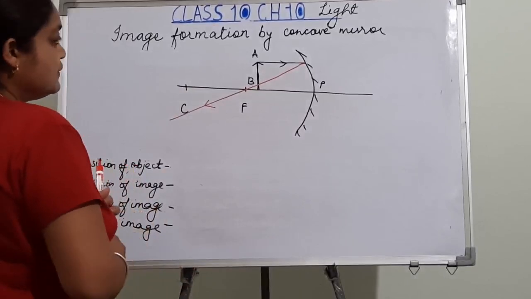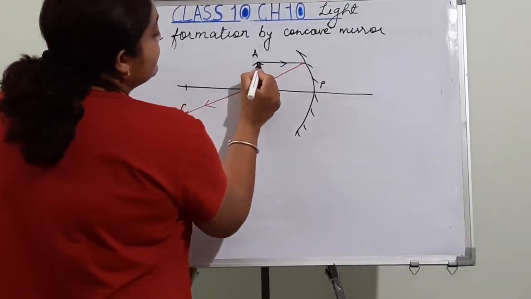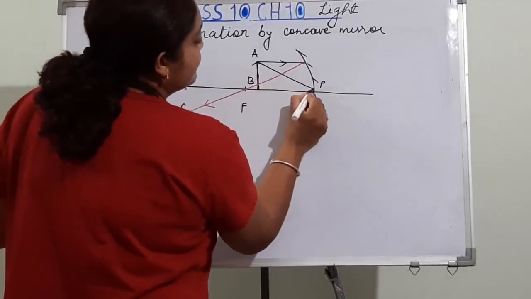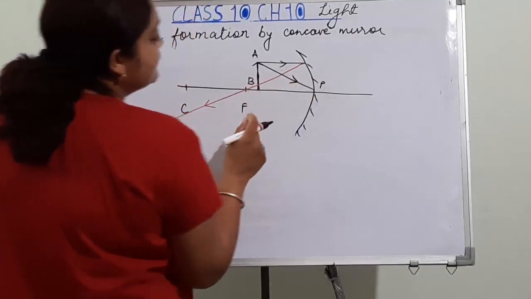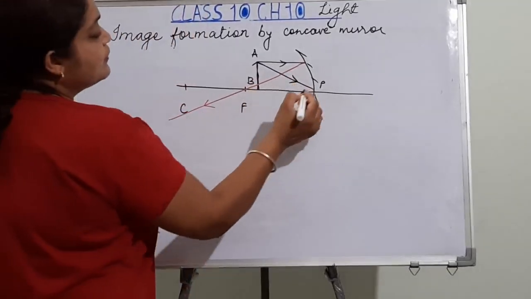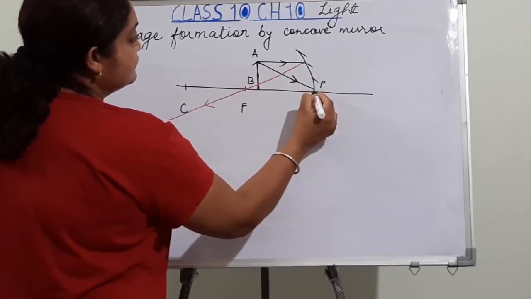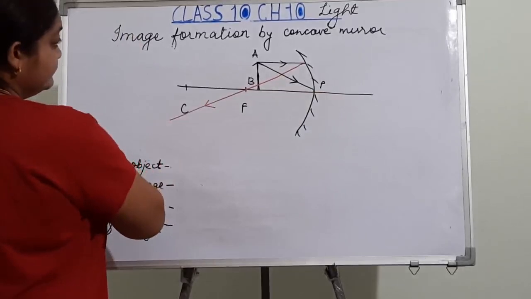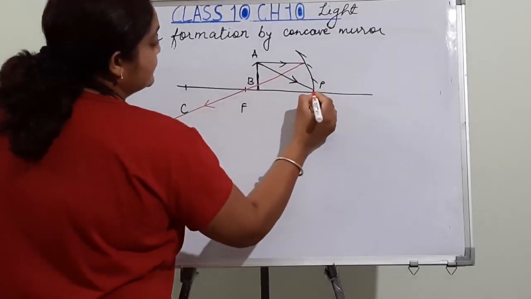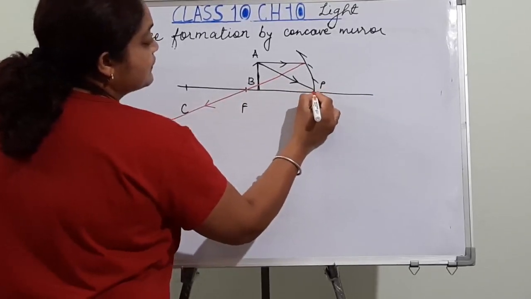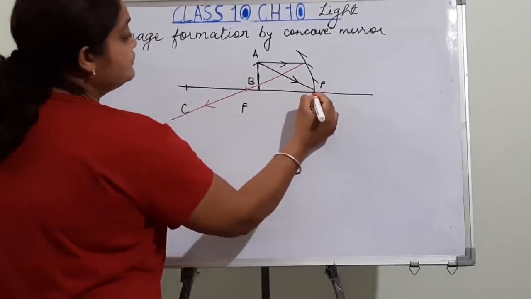Next ray we are taking on the pole. So this ray is falling on the pole. After reflection from the mirror, here this principal axis will act as the normal.